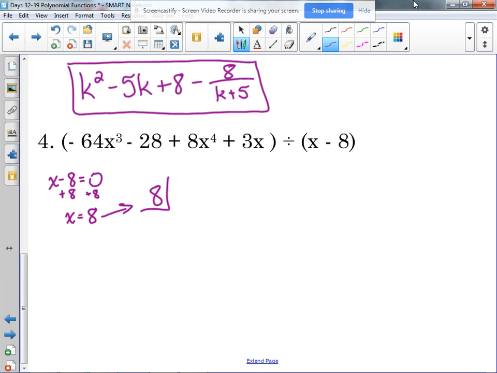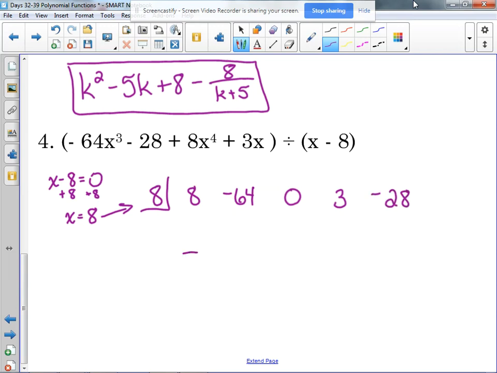Okay, we've got to start with the highest powered exponent, which is x to the 4th. Its coefficient is 8. Then we go x cubed. That's negative 64. Then we do x squared. We don't have an x squared. We got to put a 0. Then we've got x. That's 3. And then our constant is negative 28.